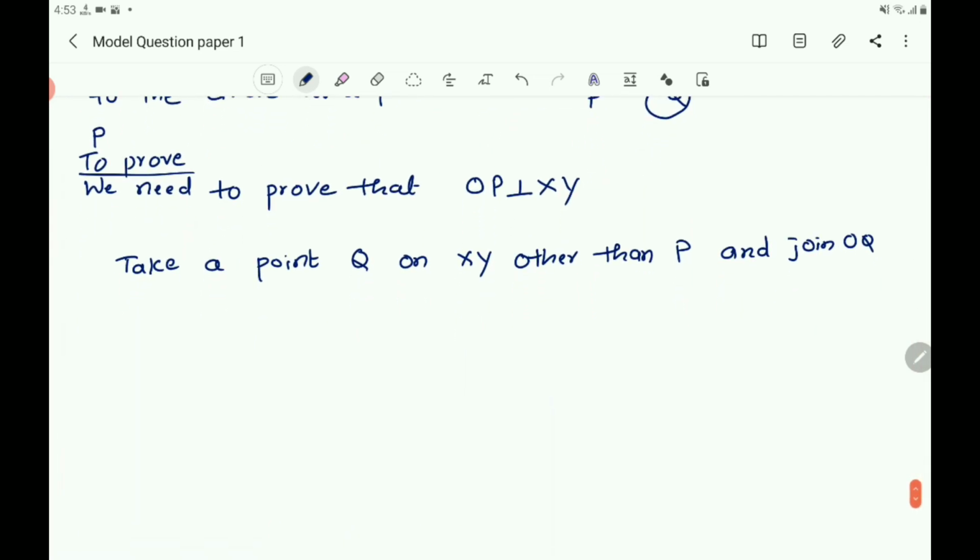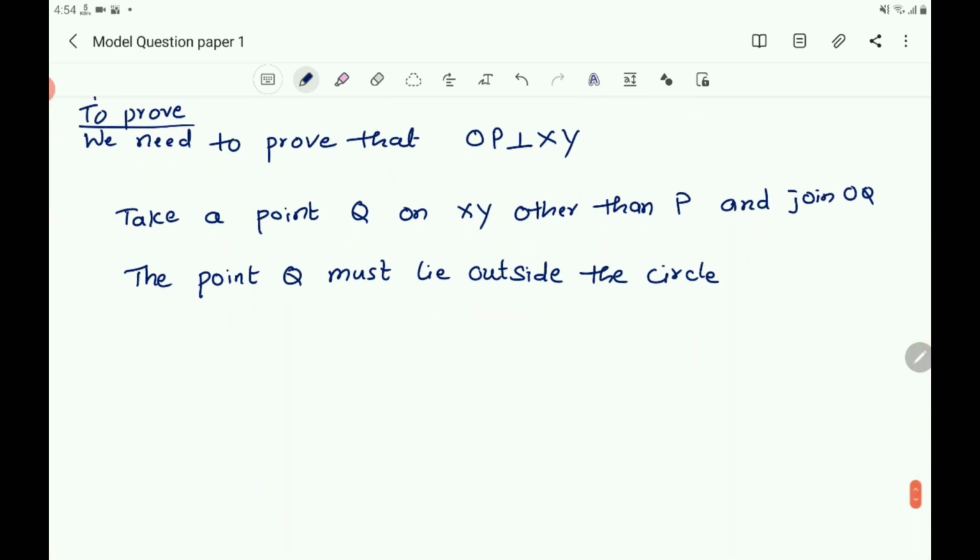So write, the point Q must lie outside the circle.